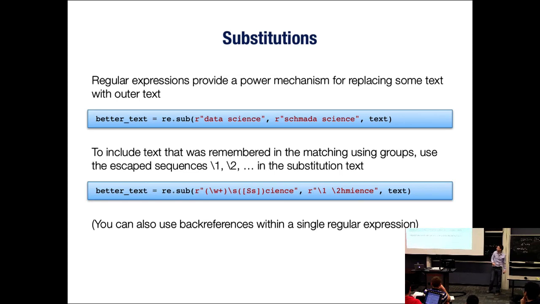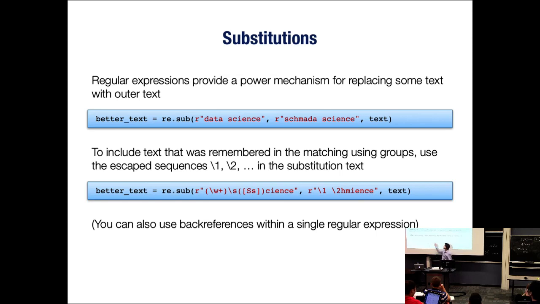Yes. So what this regular expression does is match data science, whether it's capitalized or not, and it stores in a group both the word that preceded data science and the first letter. So I can remember whether it's capitalized or not.